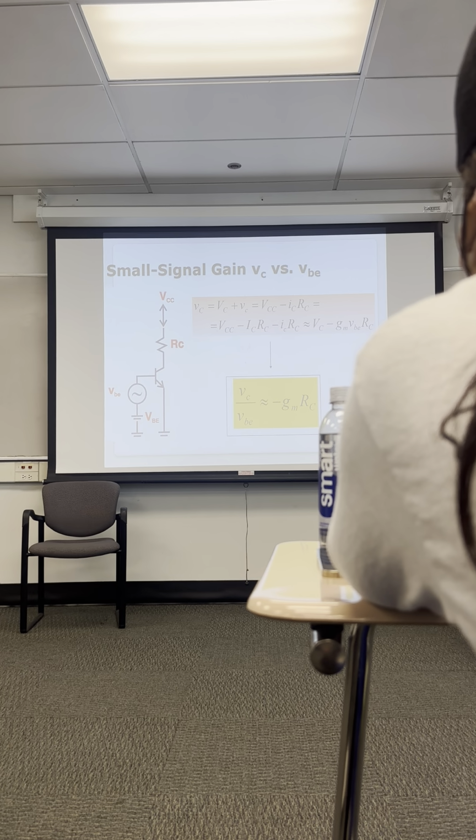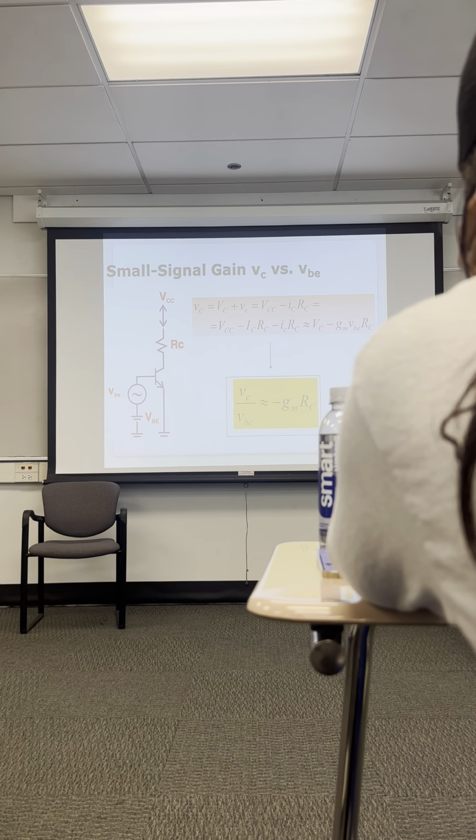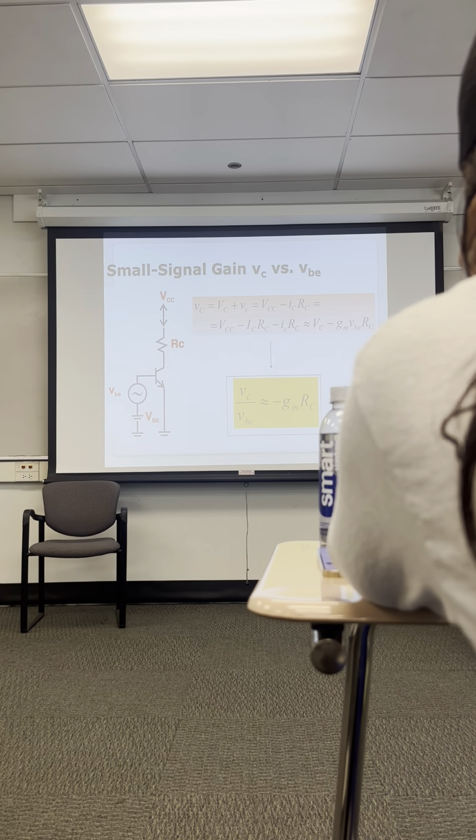The gain of this circuit, we can calculate, and you use the lower part here. You notice there's no load on the collector, and there's no resistance on the base. So the gain of the circuit is minus G sub M times R sub C. Now this equation changes if there's a source resistance or a load connected to it.